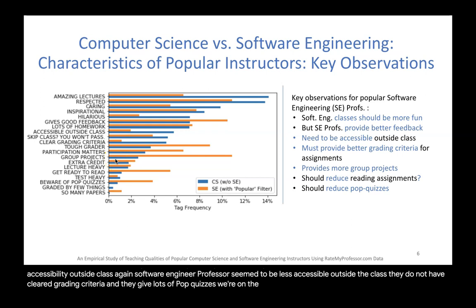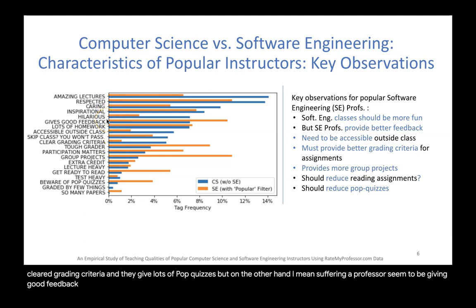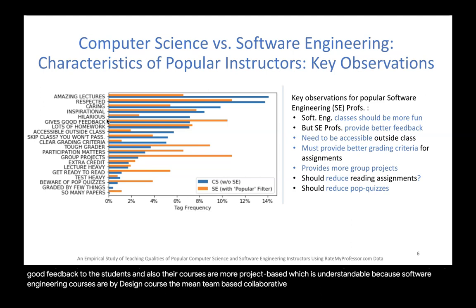But on the other hand, software engineering professors seem to be giving good feedback to the students, and also their courses are more project based, which is understandable because software engineering courses are by design team based, collaborative, project based courses themselves.